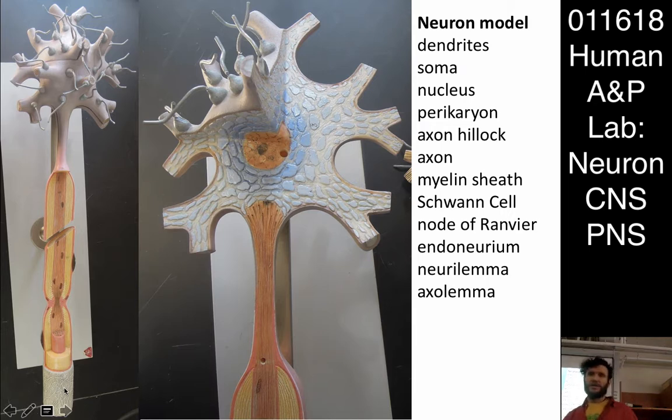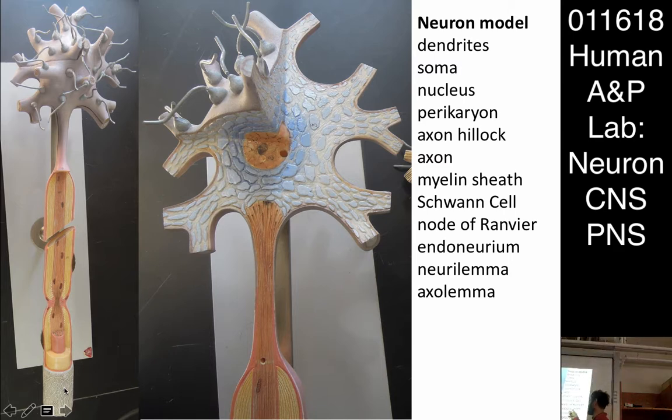Then you will notice on the outside of that axon, on the very tail of it, down here, there is this gray covering, that sort of rough gray covering. This is meant to be a connective tissue sheath called the endoneurium.